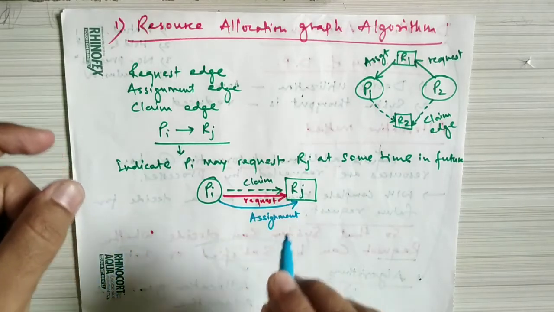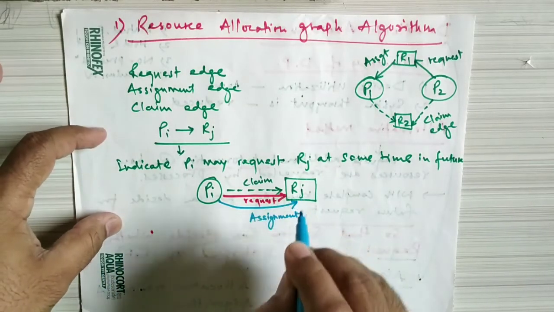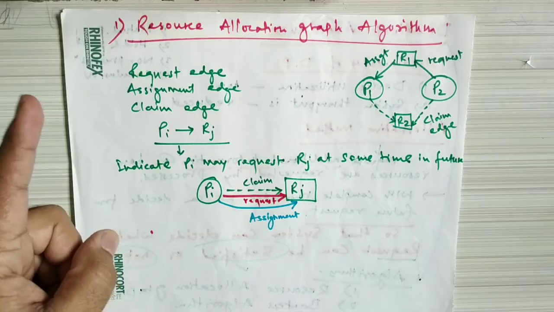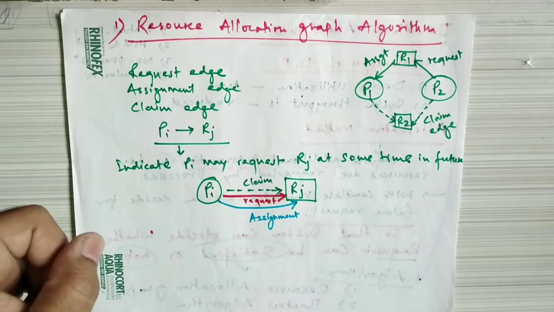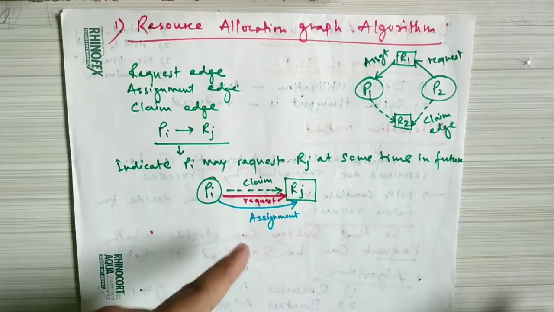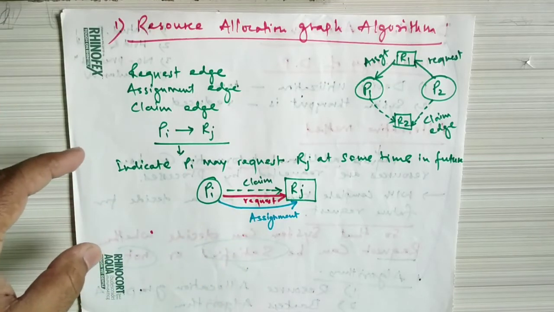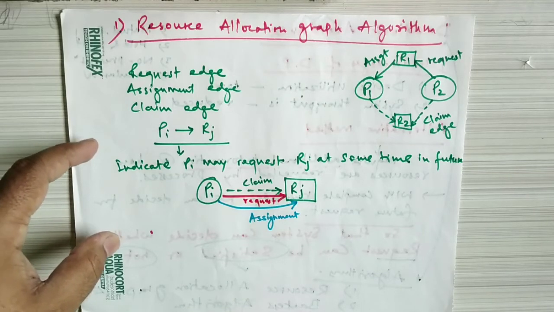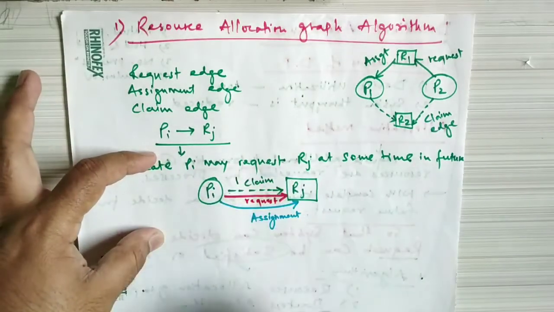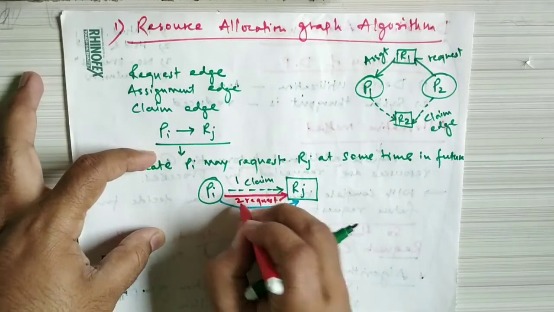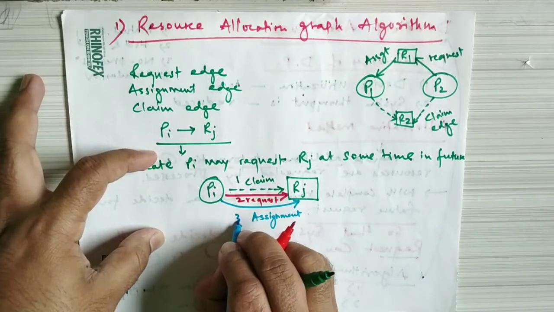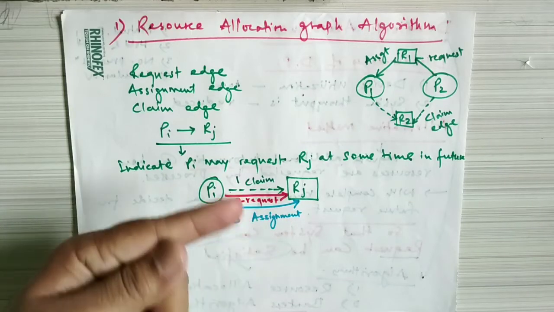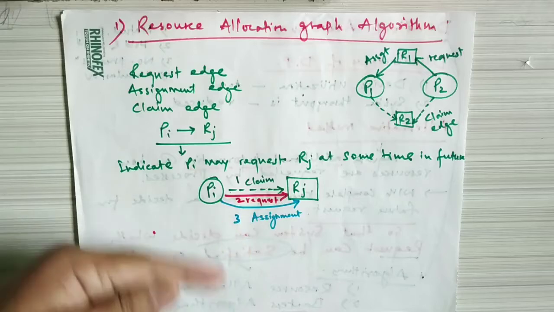After completing access, it will release the resource, and the assignment edge is reconverted into the claim edge. So the claim edge is the first stage, the request edge is the second stage, and the assignment edge is the third. So 1, 2, 3, and again after releasing the resource, it will be claimed again. So 1, 2, 3, 1, 2, 3, it goes on.